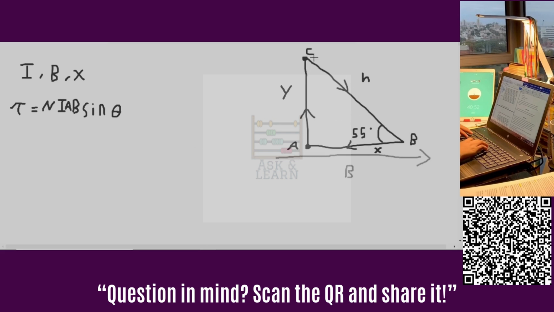We have this segment here, which is the only one that contributes to torque. You can look at it as a one-dimensional contributor. So how do we do area in one dimension? It's simply just the length. So our length from here to here, the length of h, is our area.